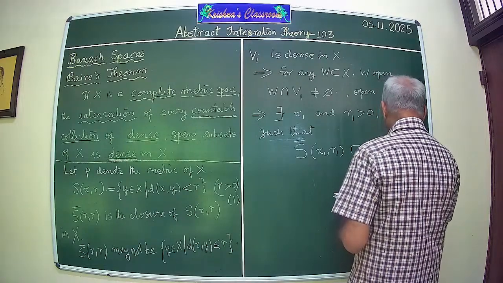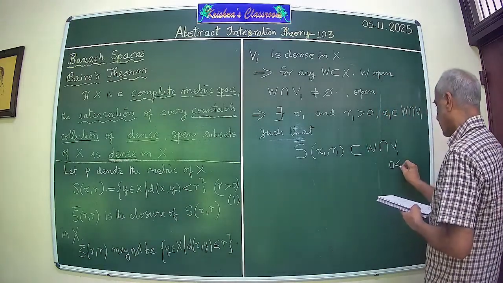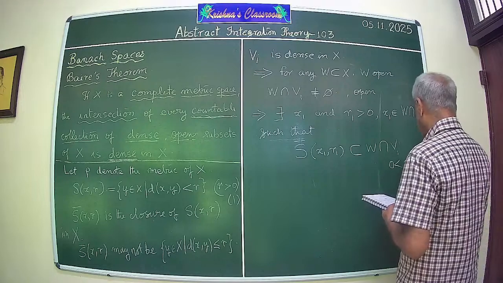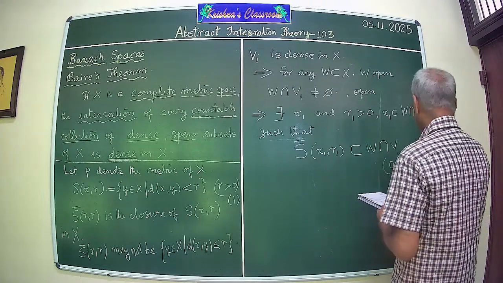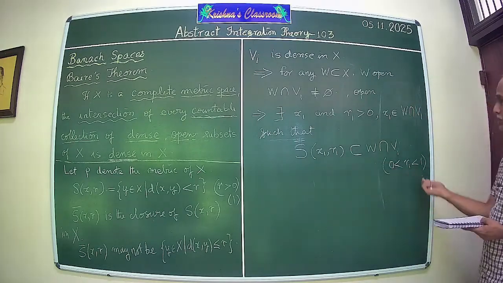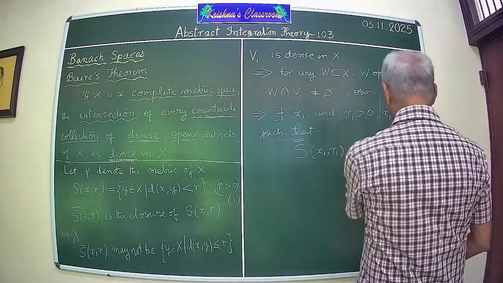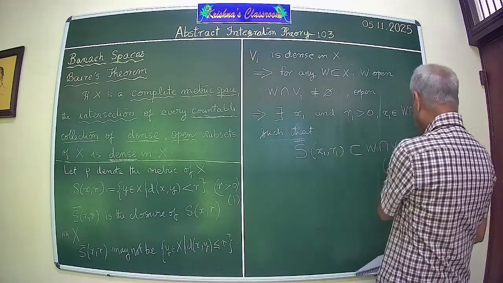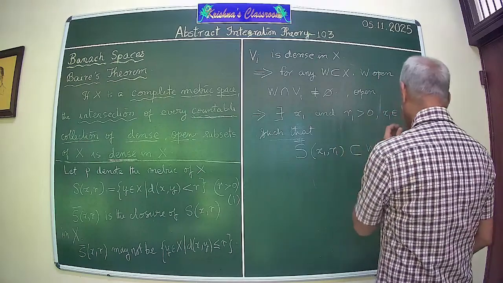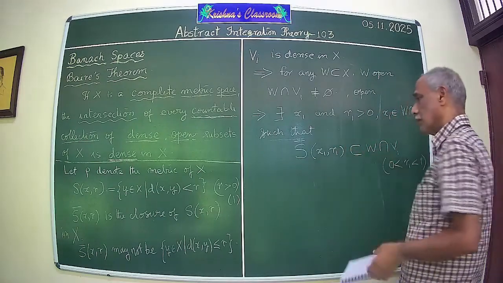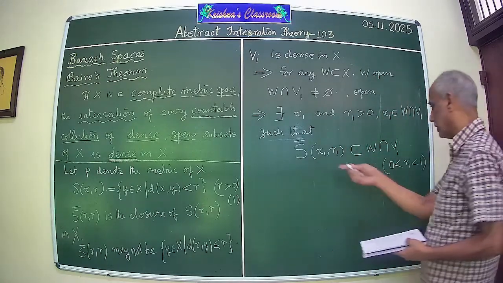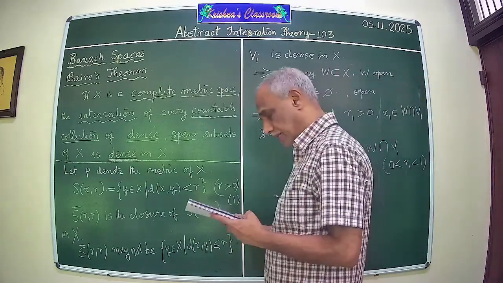And we can choose this r1 such that 0 is less than r1 less than 1. Okay, so we can make the choice of r1 in this way, because there is some r1 for which this is true. If it is already less than 1, you use that. If it is not, you choose something less than that in a way that for that this relation will be valid.